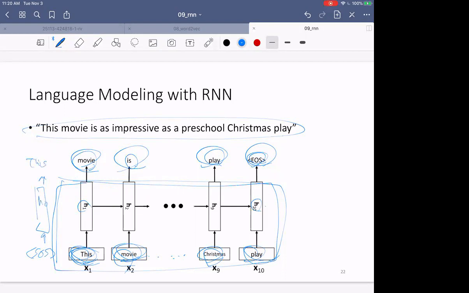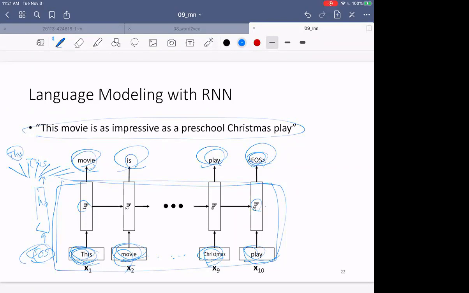This is H0. So given a start symbol, there are 100,000 different options to choose from, because your English consists of 100,000 words. It's a 100,000 dimensional dictionary. And out of those options, the probability of choosing this would be very, very low. I mean, given SOS, what's the probability of choosing this? That is your softmax.